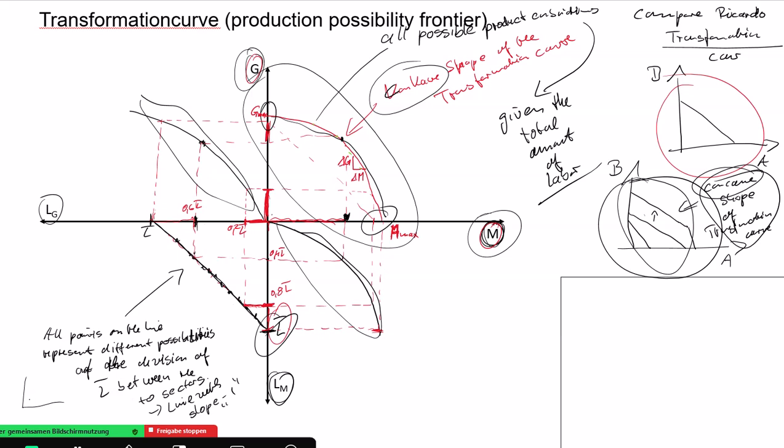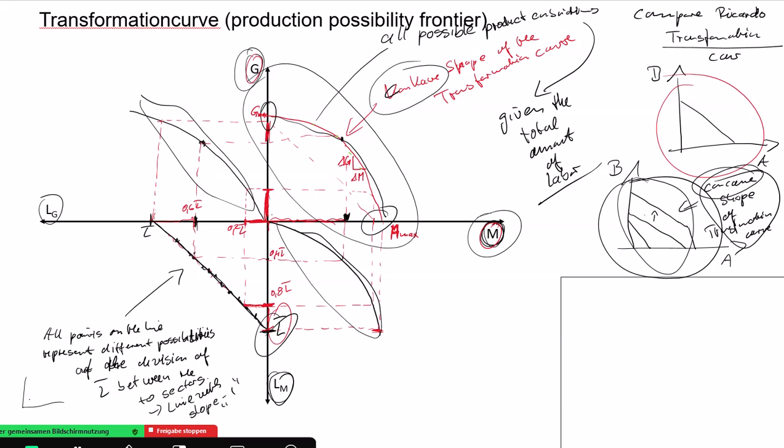For this, we need an additional assumption. But we will see this. But in general, if you look in textbooks, in other lectures, or somewhere else, when we are talking about the transformation curve, in general, we just draw such a concave curve.